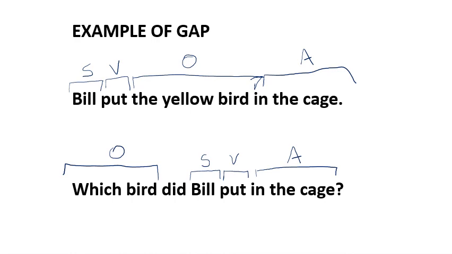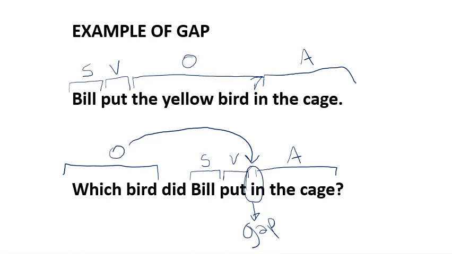Now, in your brain, you're used to having the object in this position after the verb, but it has been taken out of it, put in the front, leaving a gap here between the verb and the adverb. Do you see?